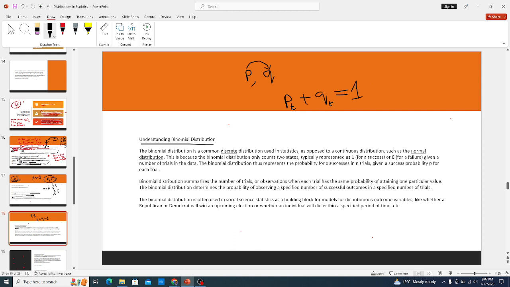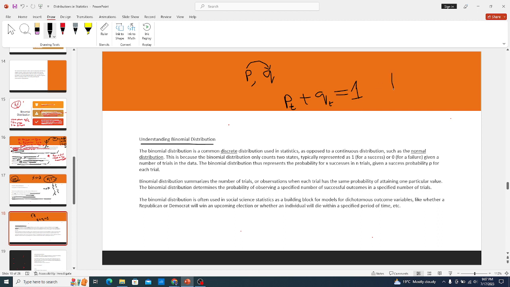That is the probability of surviving for the next t years, plus the probability of dying in the next t years, is equal to 1.